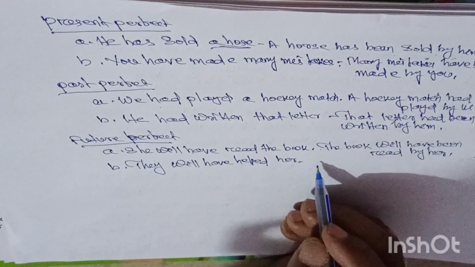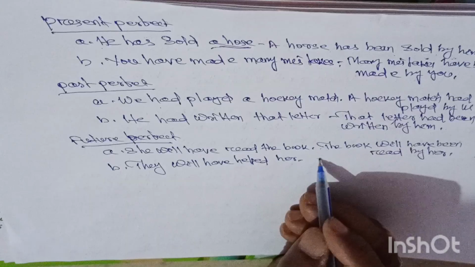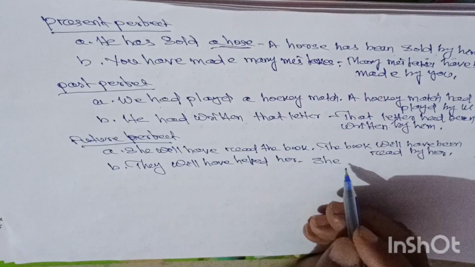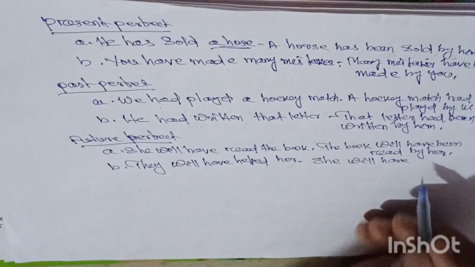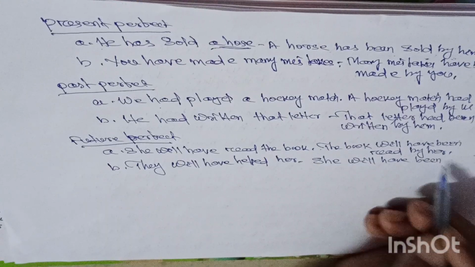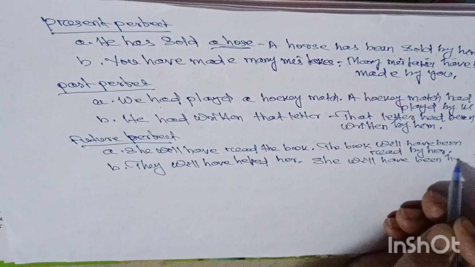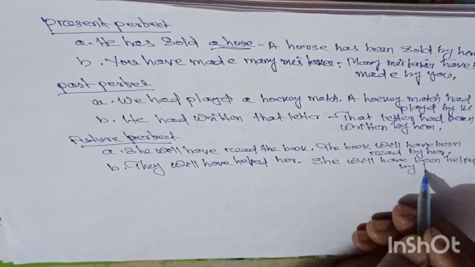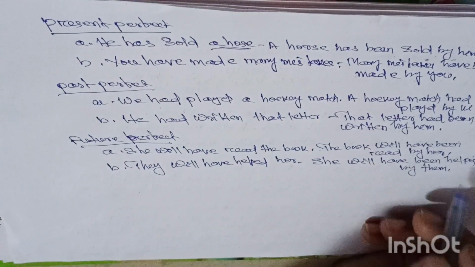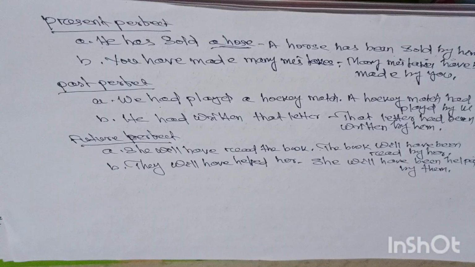In that case, "her" is the object. So, like "she will have been helped by them". Those are the perfect forms.